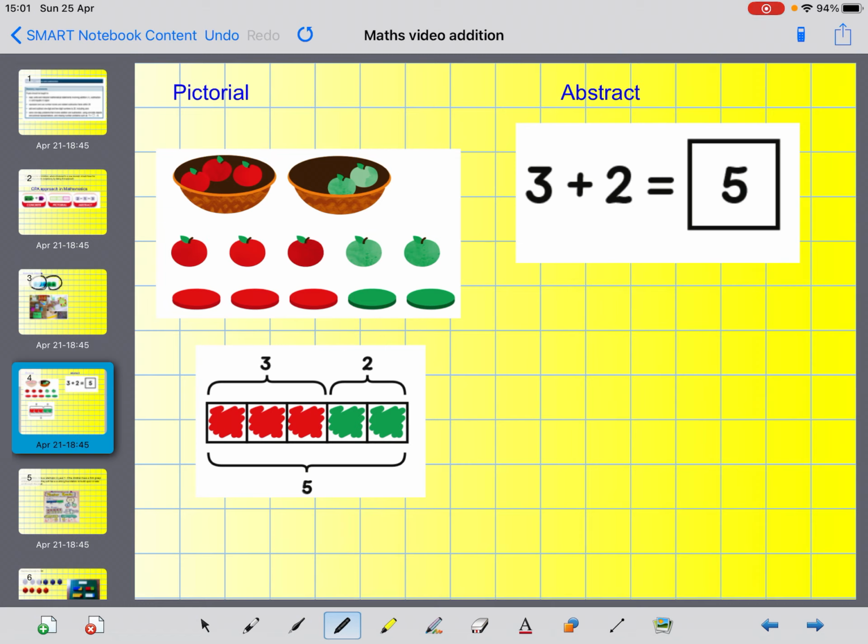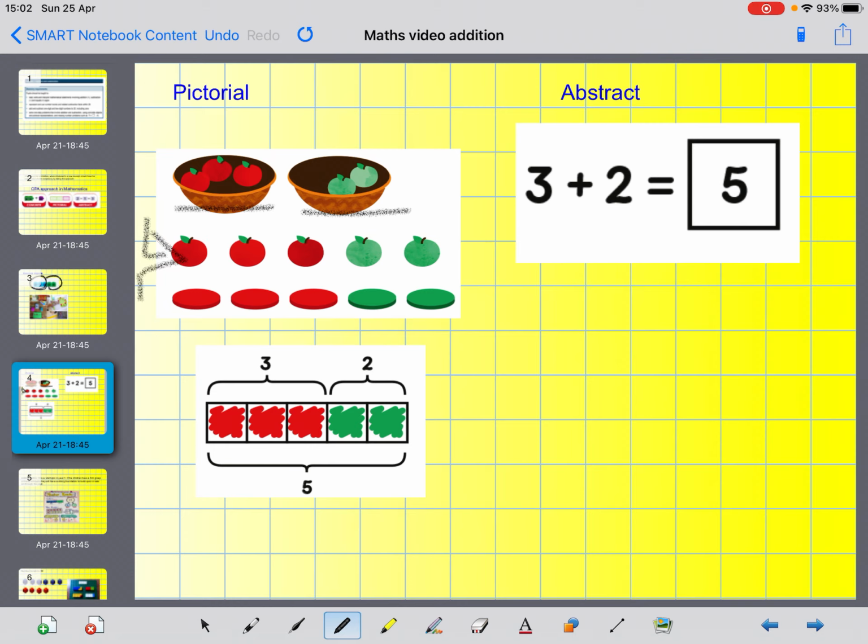So for example, here there are 3 apples in the basket, and there are 2 green apples in the basket. How many are there all together? So we start with the pictures. We've got the pictures here.